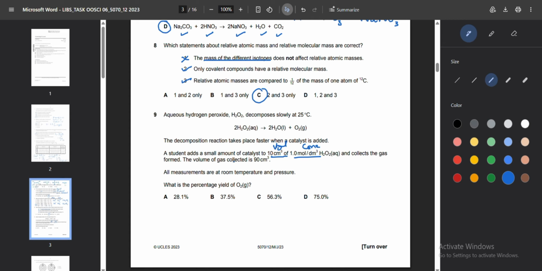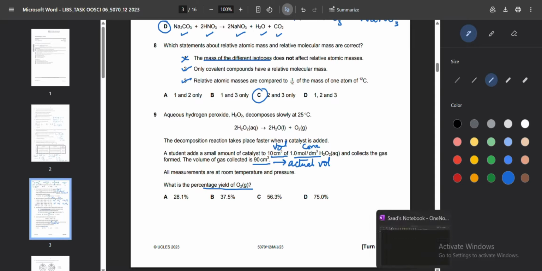The volume of the gas collected is 90 cubic centimeter. Now what is this? This is the actual volume of the product, the gas that is formed. All the measurements are at room temperature and pressure. What is the percentage yield of oxygen? So we can calculate it easily.